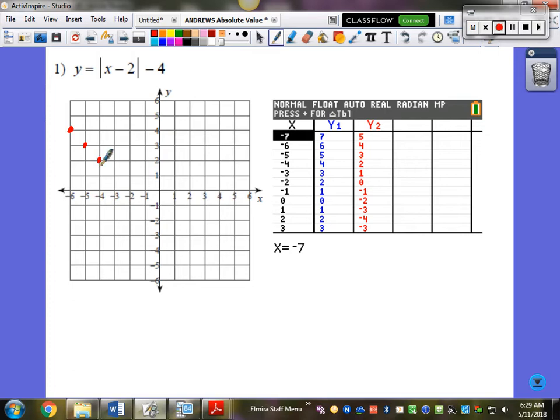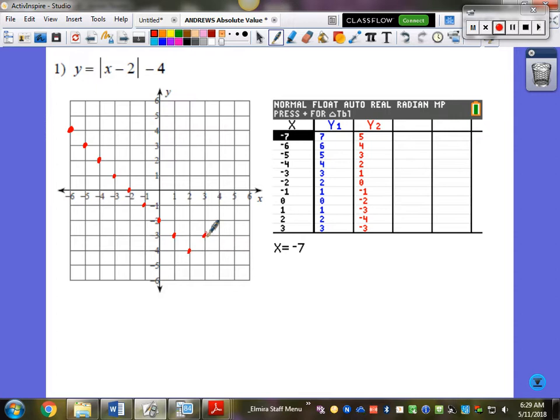Okay, you have to be careful to look for where that's going to turn around. It might not. -3 and 1, -2 and 0, 0, -2, 1, 3, 2, 3.